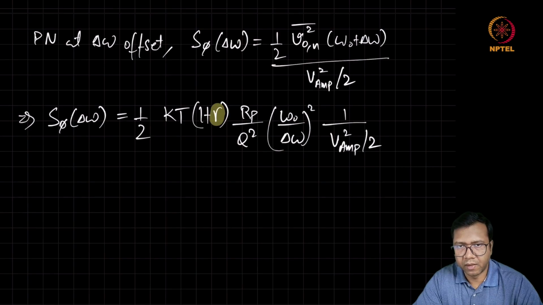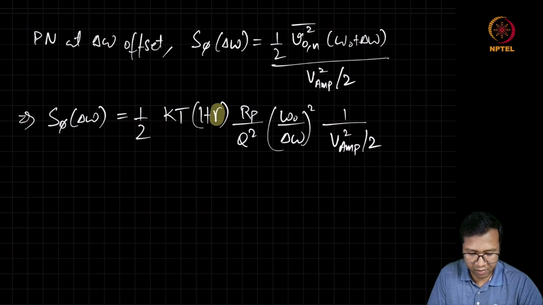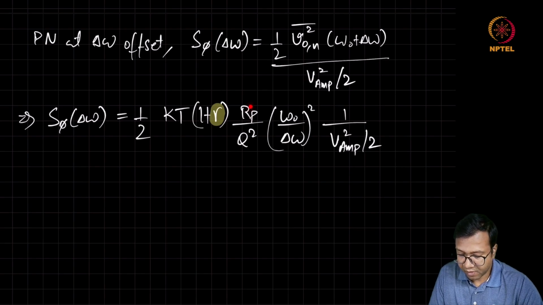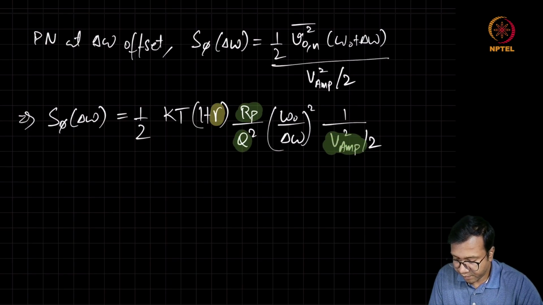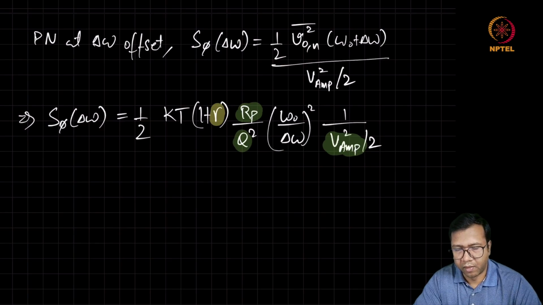The moment the tank and its loss is fixed, then automatically the contribution from the cross-coupled pair is also fixed, and it will only scale by this factor of gamma. So what we have in our hand is RP, the Q of the tank, and the carrier power or the oscillator output amplitude.